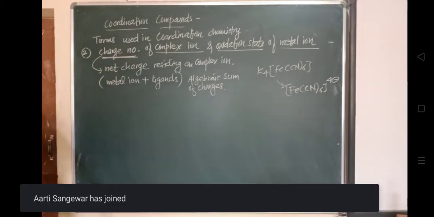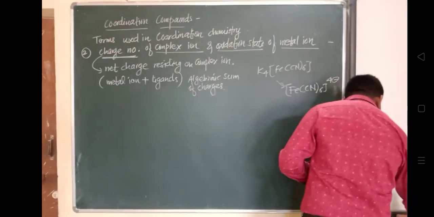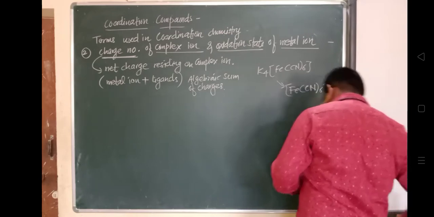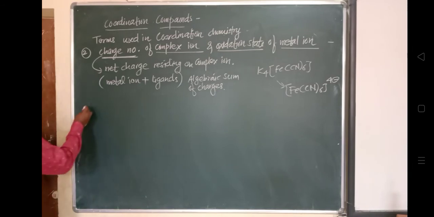So the charge which is carried by, ये जो Fe है ना, उसके ऊपर जो charge रहेगा, that is nothing but its oxidation state. So this is what a charge number of a complex ion and oxidation state of metal ion is.